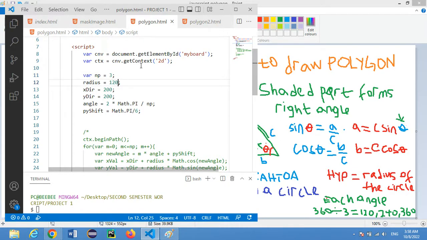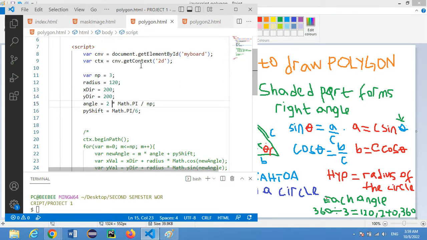Then to create the radius from the center to any side on the circumference, I have assigned 120. Then for our x and y value, which represent the position on the canvas, I use 200, 300. You can use another number of your choice. Just experiment with these values.